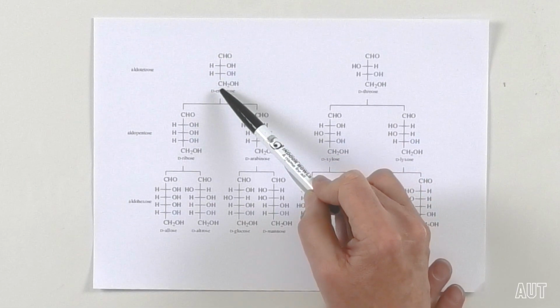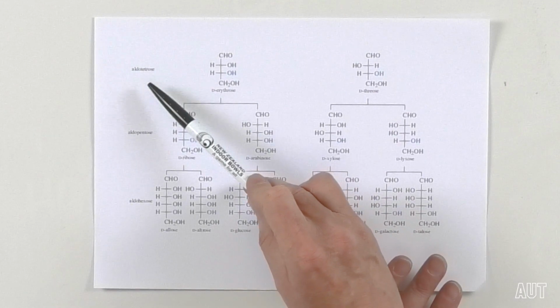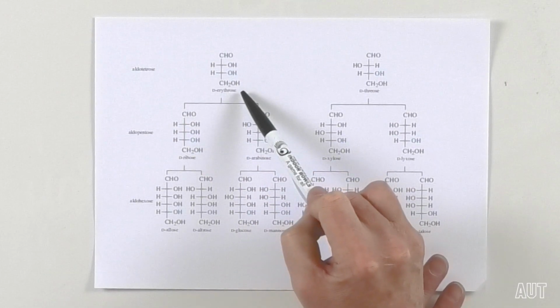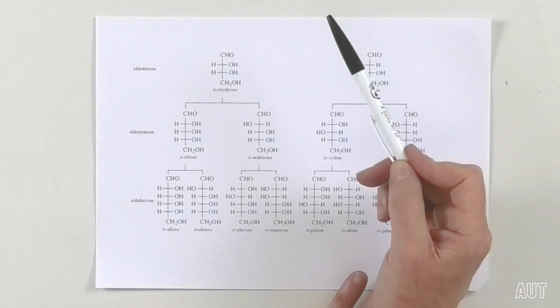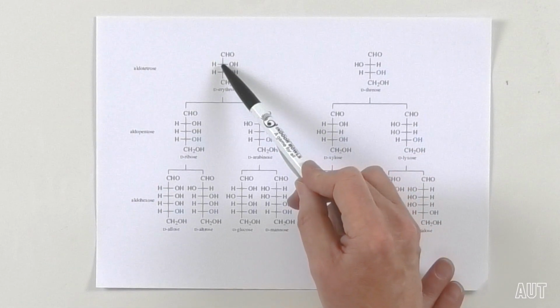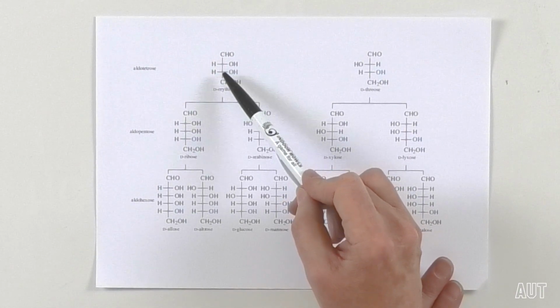Now on that carbon chain, at the top, we're going to have an aldehyde. That's the aldo bit. At the bottom, we're going to have a CH2OH, like every other simple sugar, okay? And at the intersections of these lines, we're going to have stereocenters.